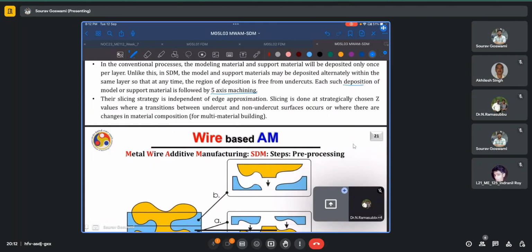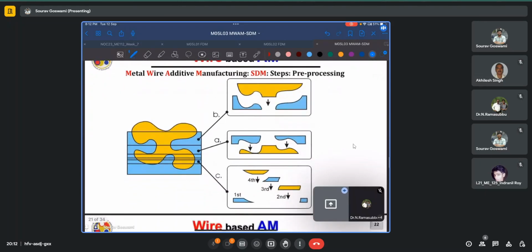The slicing strategy is independent of edge approximation, where transitions between the undercut and non-undercut surfaces, or where there is a change in the material composition if you are building a multi-material structure, or if there is a change in the nature of overhang, whether it is an overhanging region or a non-overhanging region. This example illustrates the concept very well.